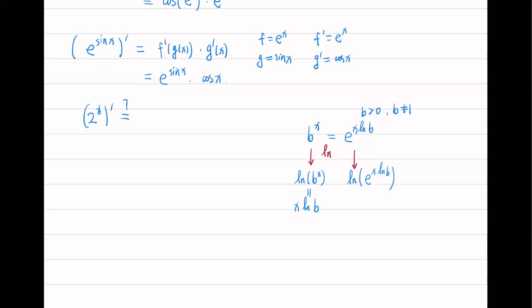So when we take the logarithm of this power, the power goes to the front. That's our logarithm rule.